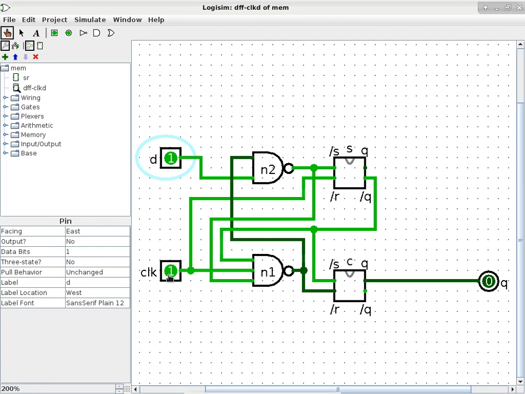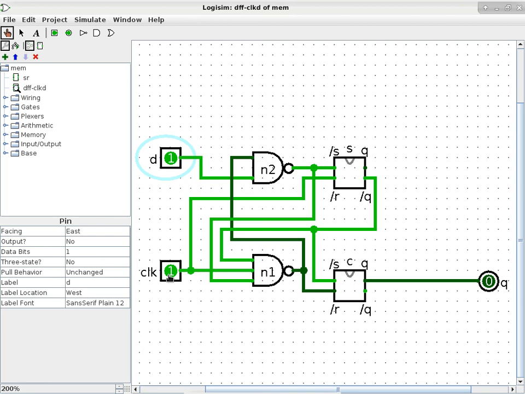Okay, we're changing the clock pin from a 1 back to 0. So the 0 goes here, N1 will become a 1. So that's not going to change the SR latch. It goes back here, and then N2 is going to have both inputs being 1s, so it's going to output a 0. That 0 goes here.